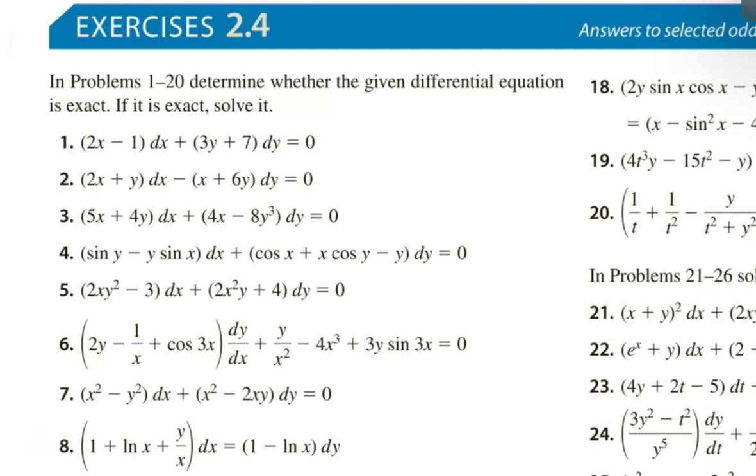So the first one is (2x − 1)dx + (3y + 7)dy = 0. We need to determine whether this equation is exact or not exact.